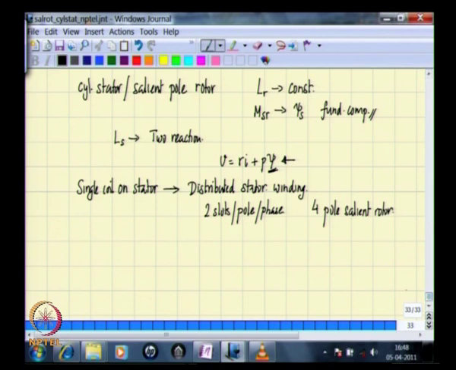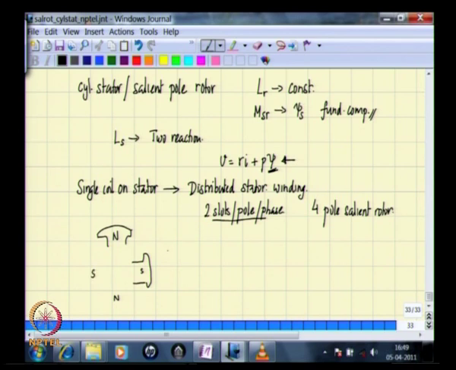In the animation that we saw, we had 2 slots per pole per phase, and if you would recollect, there are 4 poles. That means the first pole, if you designate as north pole, then the subsequent pole would be a south pole, and then a north pole here and a south pole here.